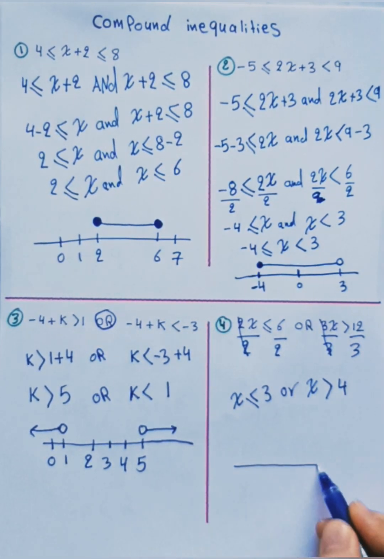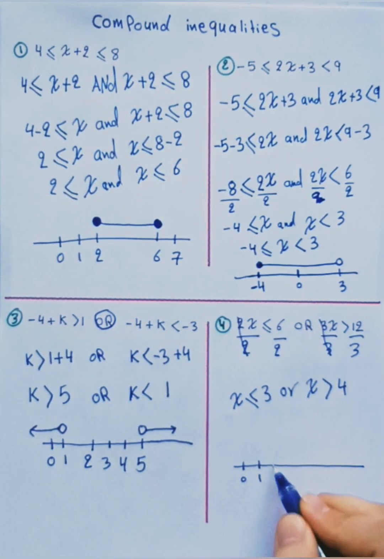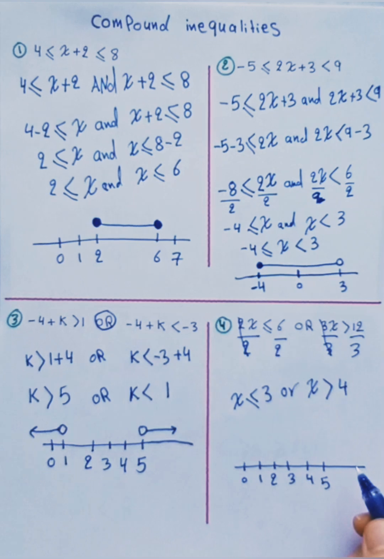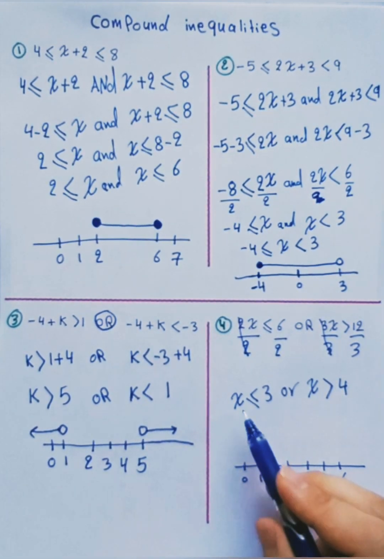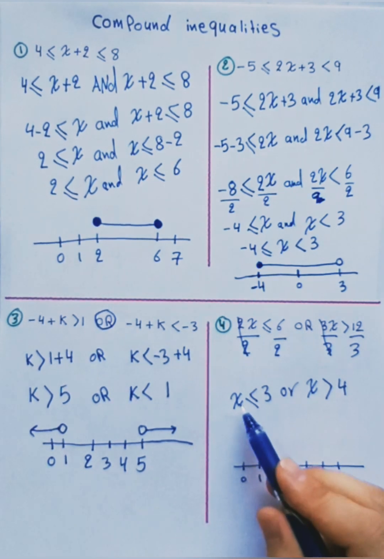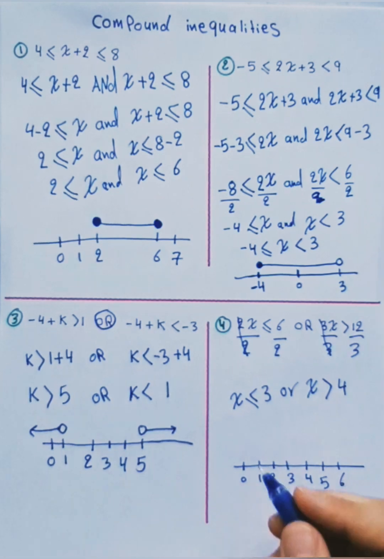When we graph the value of x, this is 0, 1, 2, 3, 4, 5, and this is 6. So for the left side, x is equal to or less than 3.